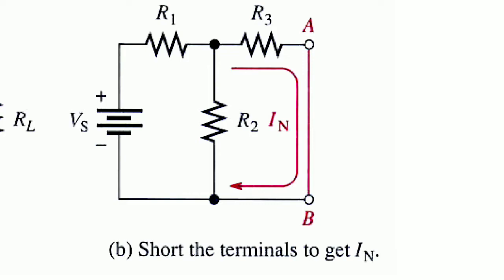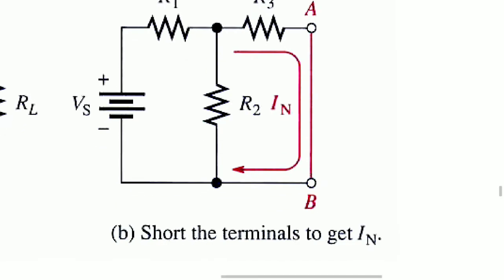They have drawn Norton's current direction IN through the path in the circuit.